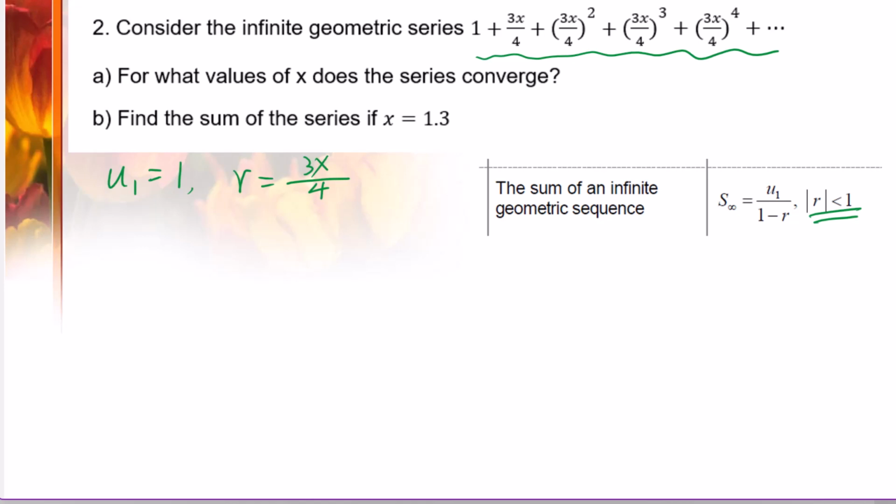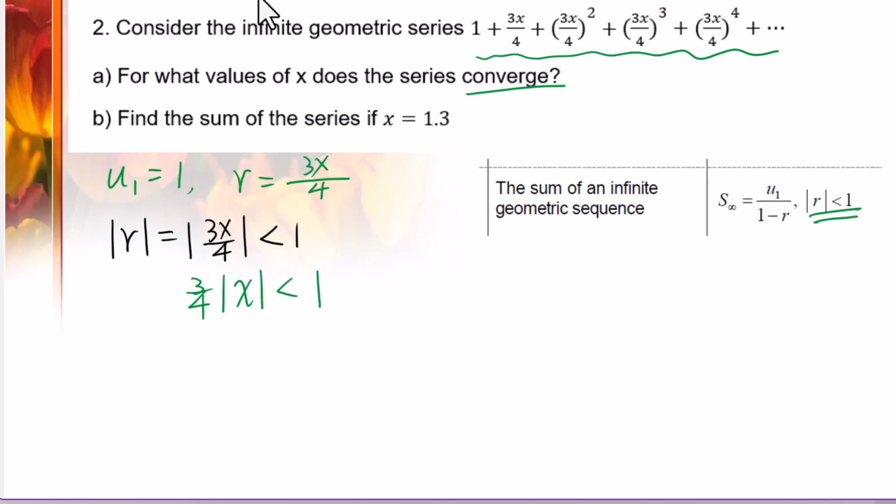We want to figure out values of x to make this series converge, which means the absolute value of the common ratio, absolute value of 3x over 4, is less than 1. 3 over 4 we can take out from this absolute value. So we got 3 over 4 times absolute value of x less than 1.